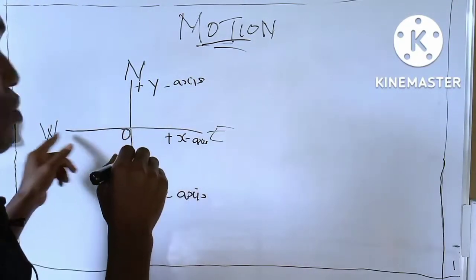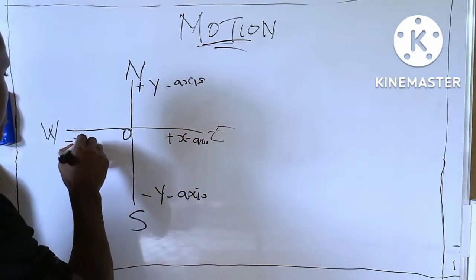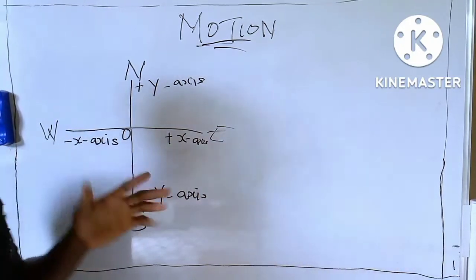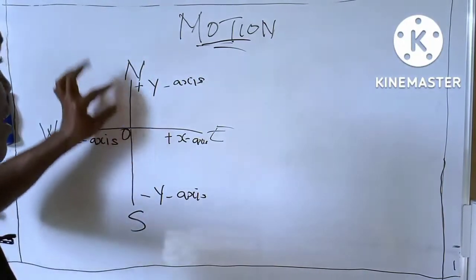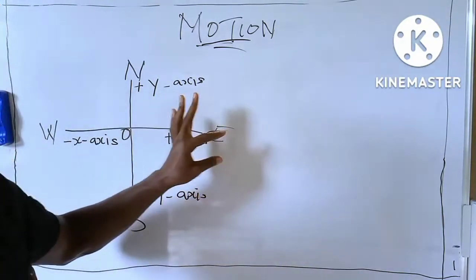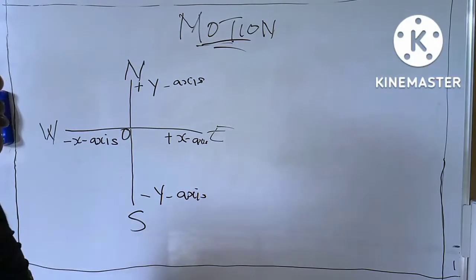And from the center to your left is the negative x-axis. So you see that the vertical line represents the y-axis, while the horizontal line represents the x-axis.